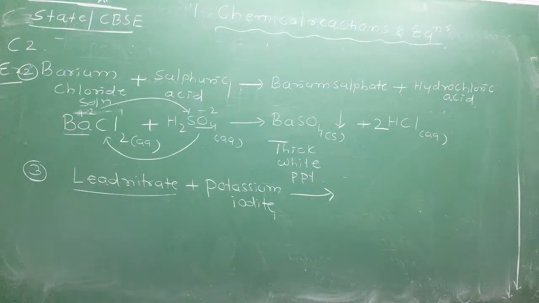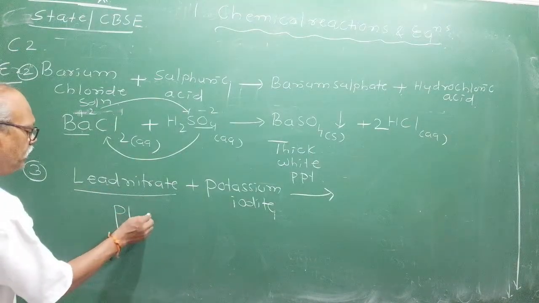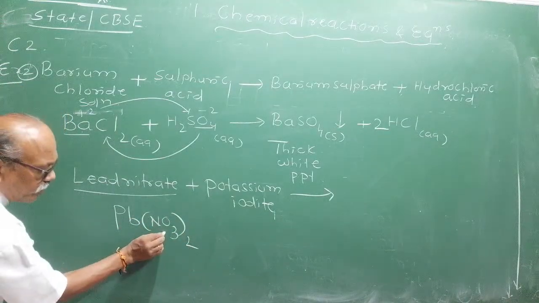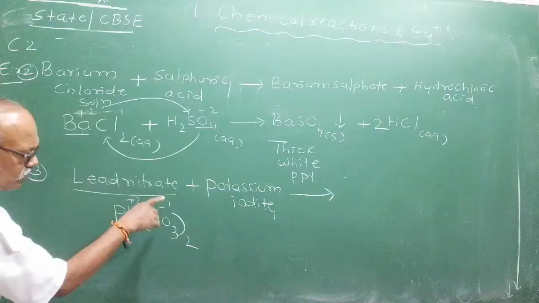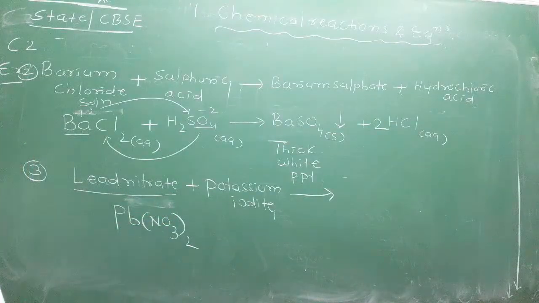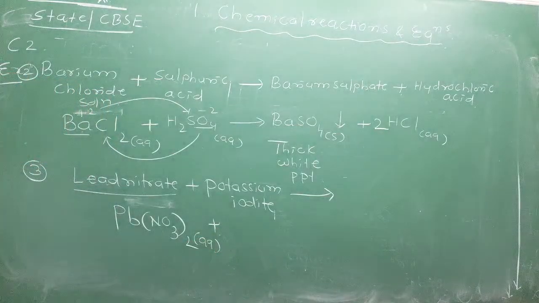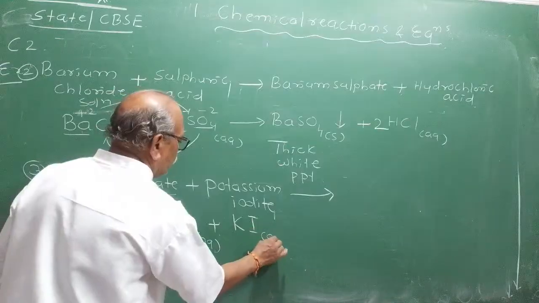Lead nitrate is colorless, Pb(NO3)2, because nitrate is a compound radical, valency of lead is +2, nitrate is -1. Check in your list. Cross the valency. In detail, I taught you how to write formulas in the bridge course. Here, balancing also you learnt. Potassium iodide, aqueous solution.